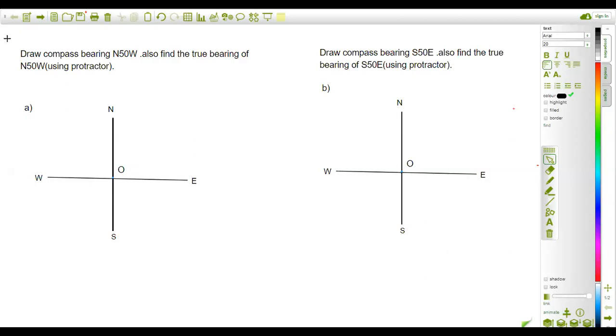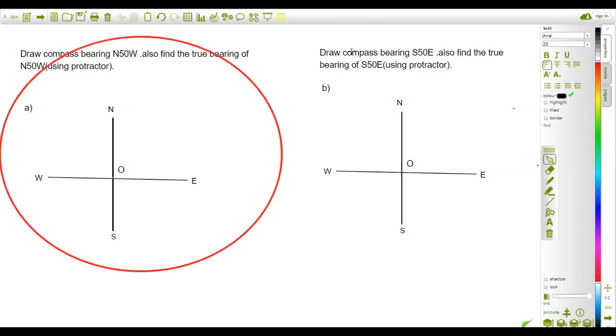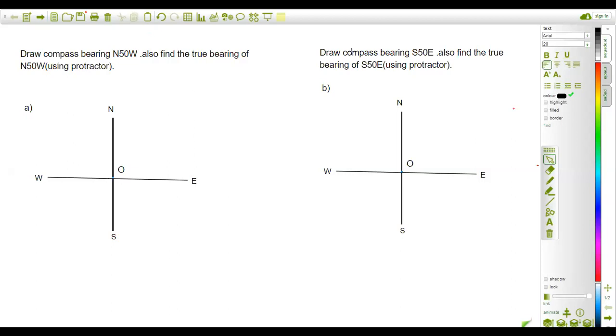Okay, first of all let's have a look at this first question. The first question is draw compass bearing. We are going to draw compass bearing, and the bearing given here is N 50 degree W. N means north, 50 degree, W means towards west.